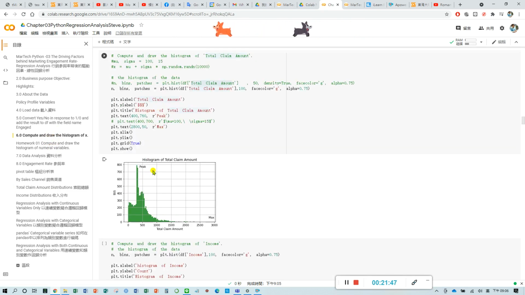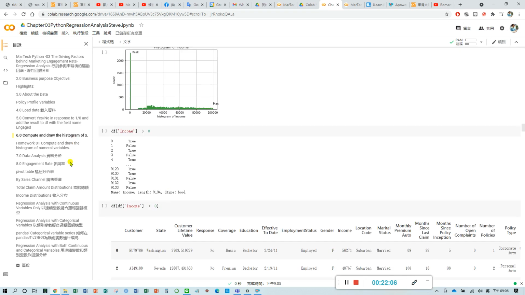Here are outliers, 离群值, because the average should be here. So these values are all outliers, 离群值, because they are far away from our average value.